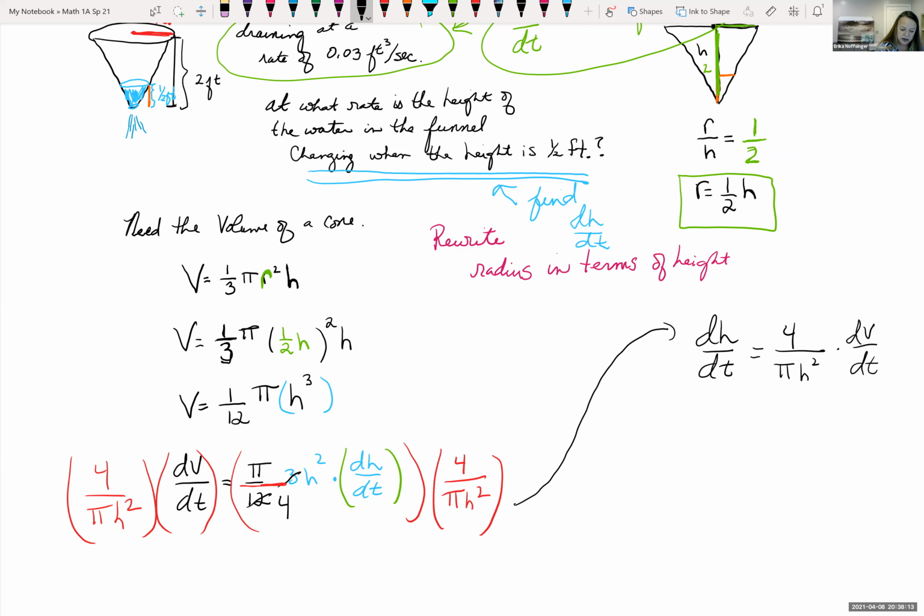And we're just going to go in there now and plug in what we have. So we got 4 all over pi times our height, that's 1/2, squared, times dV dt. And dV dt is 0.03.